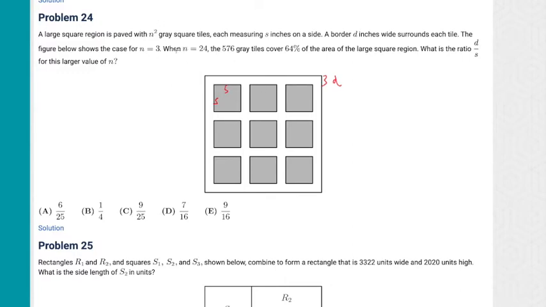When n equals 24, okay, so you got like a way bigger square, the 576 gray tiles, so it's going to be way bigger than this, is covering 64% of the area of the large square region. So I guess that's this big white square. And we want to find the ratio of d to s, where d is the border and s is the length of each gray tile.